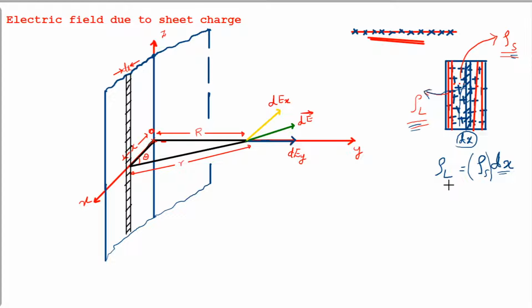In other words, the line charge of this small portion dx is the sheet charge density for that small portion dx. So remember this explanation when we start this derivation. So I have rho L equal to rho s dx.